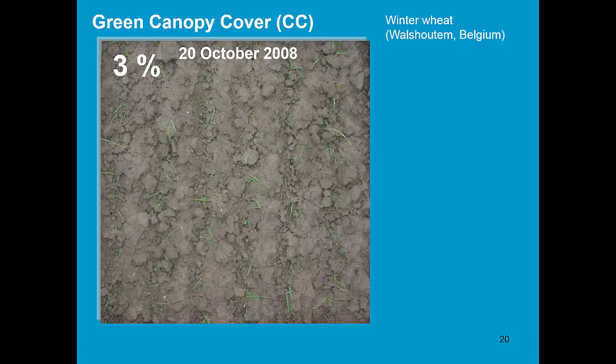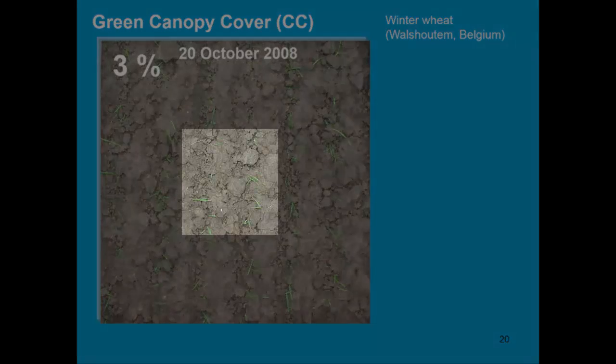Here we see the canopy development as a function of time of winter wheat in Belgium. The wheat is sown before winter at the end of October, and at germination you hardly can see the crop. The canopy cover is only 3%.